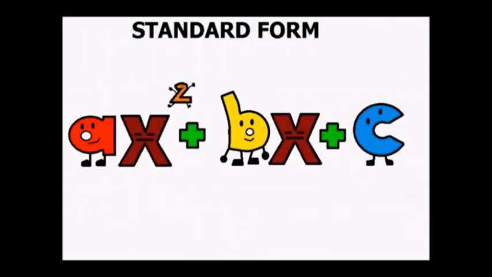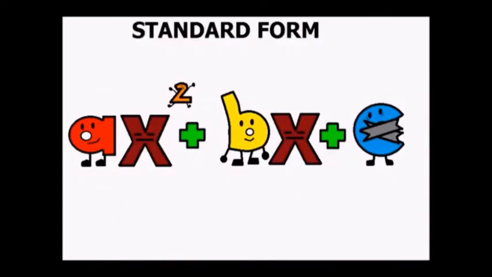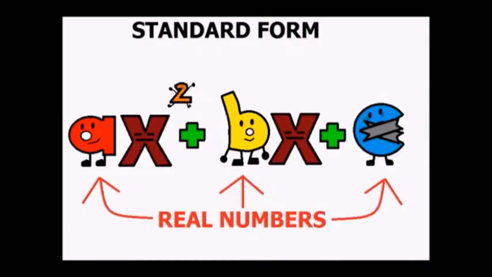The C stands for the constant who is constantly screaming. Oh, I get it. It's constantly screaming. That's very clear. This is what a standard form quadratic equation looks like. Remember, the A, B, and C are actual numbers, if this was a true equation. Now, let's turn this into... Whoa!